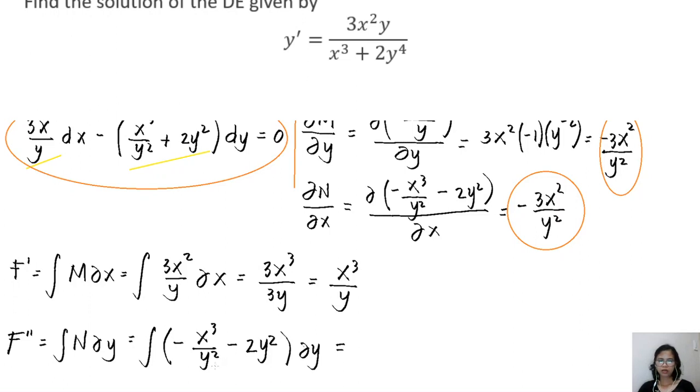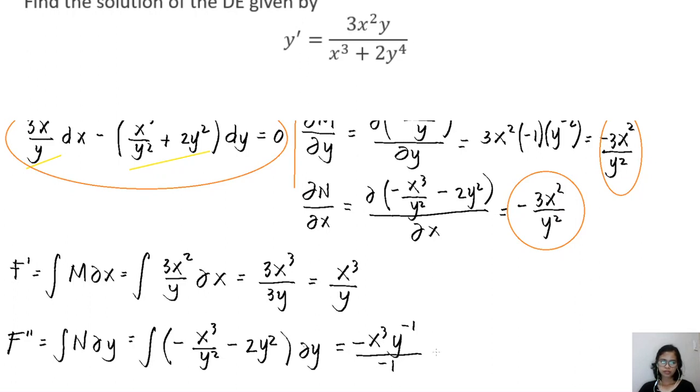What is the integral of negative x cubed over y squared, considering x as a constant? So this would be negative x cubed times y squared over y squared, or y raised to negative 2. So what is the integral of y raised to negative 2? Power rule. That would be y raised to negative 2 plus 1, or negative 1, over negative 2 plus 1, or negative 1.